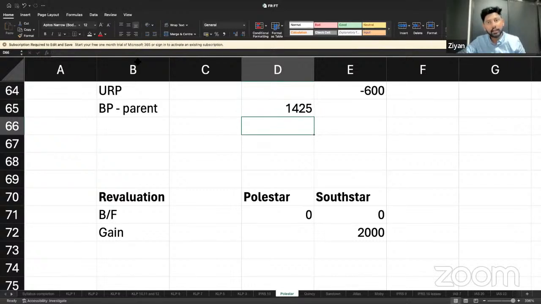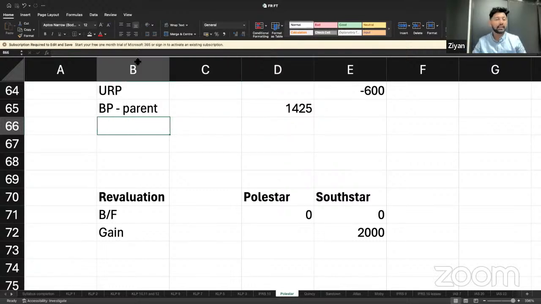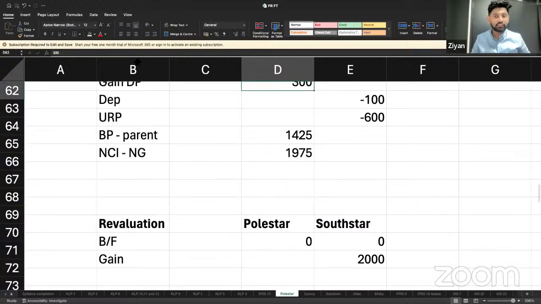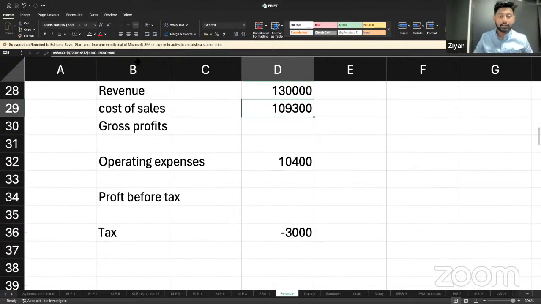And then I also have my NCI, negative would be NG. That was 1,975, if I'm not wrong. Are we clear? Everybody out there, do you understand? Hold on. My 1,425 and 1,975 has to be accounted in my P&L.